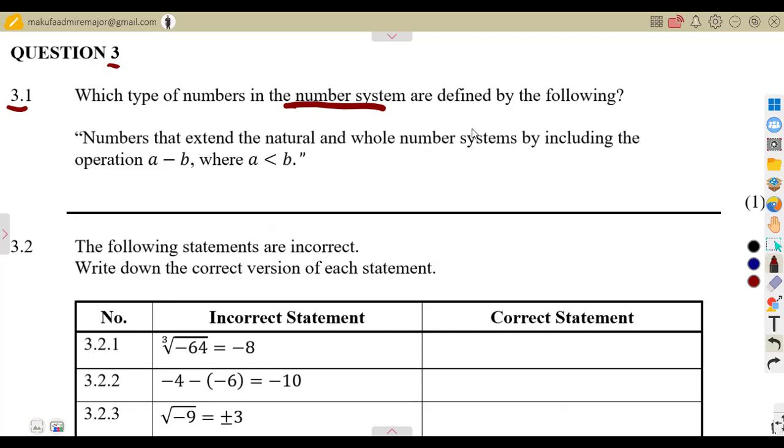They include a number where maybe A is 1 and B is 3, so 1 minus 3. It means negative values are included, values such as minus 2. Positive values are also included. These are integers, positive or negative whole numbers. So you're considering integers.